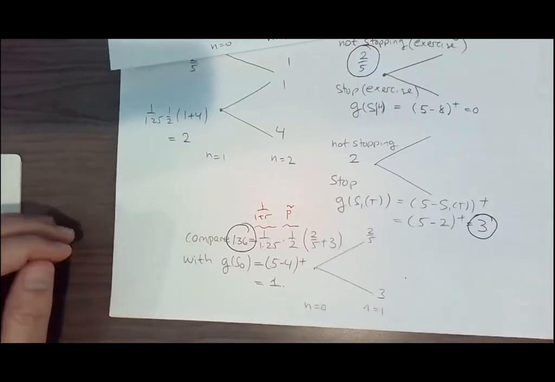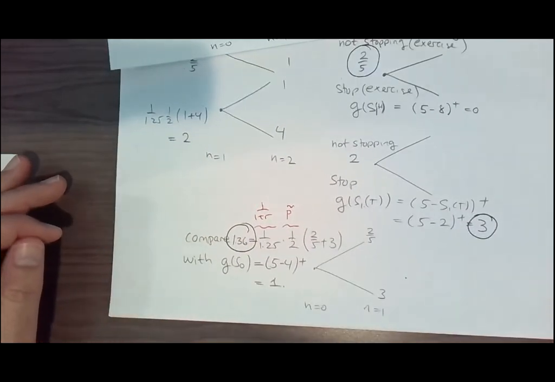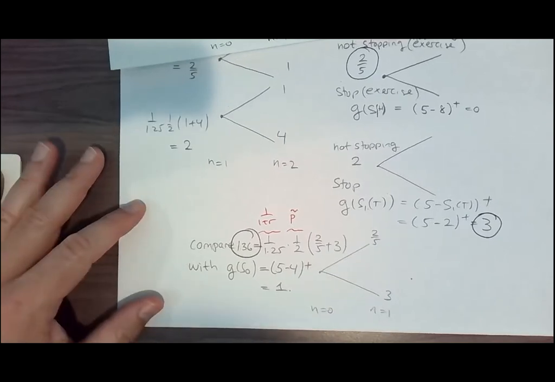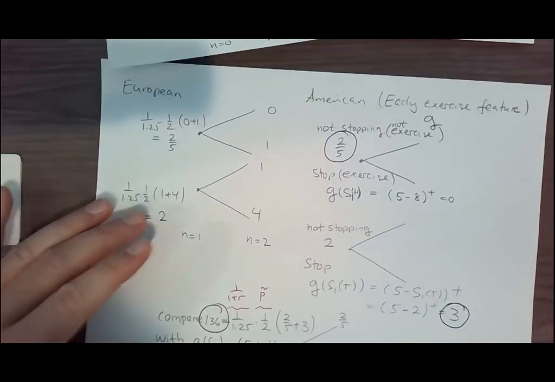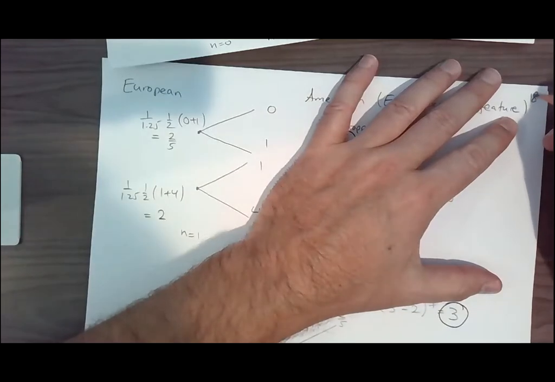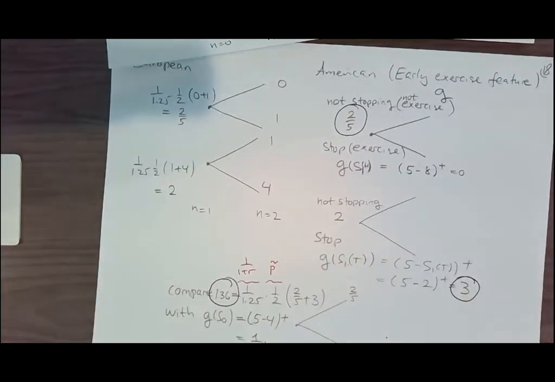Right, so that's the value of the American. Any questions on this part? This is just how it works in a specific example. We're going to do all the theory that sits behind it.